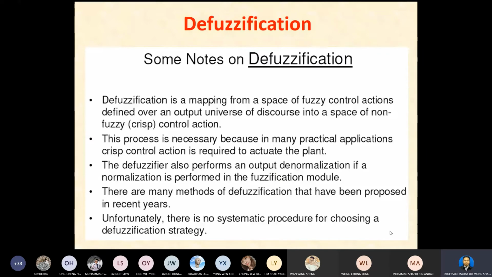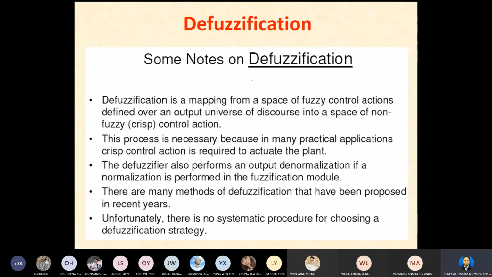The simple definition is that defuzzification is the process of converting from the fuzzy set to a crisp set, or to the actual value, sometimes called the crisp value. This process is necessary because in many practical applications the crisp control action is required to actuate our plant. Normally what goes to our plant is the actual value.